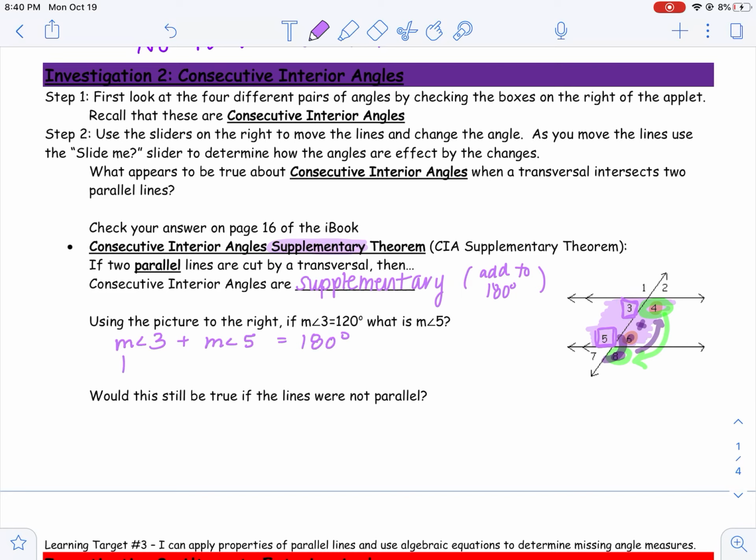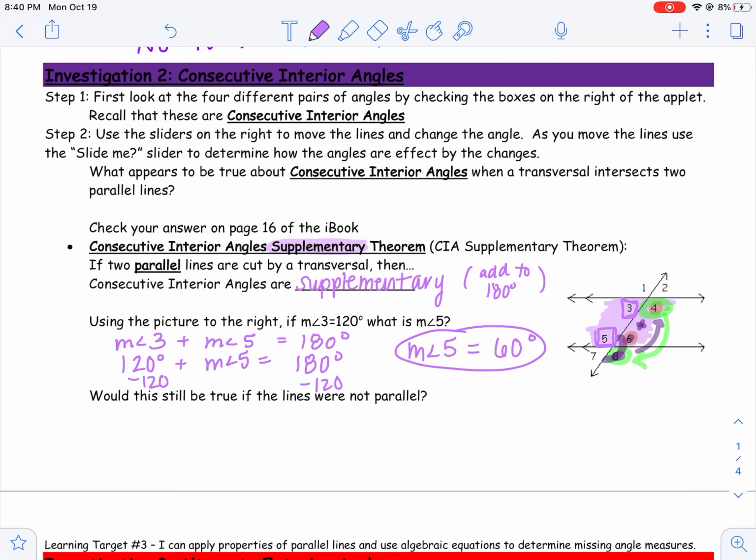Okay, well, I know that the measure of angle 3 is 120 degrees, and I'm looking to find the measure of angle 5. So I'm going to take away 120 from both sides. I get the measure of angle 5 is equal to 180 minus 120. That is going to be 60 degrees. Boom, there's our answer. Okay?